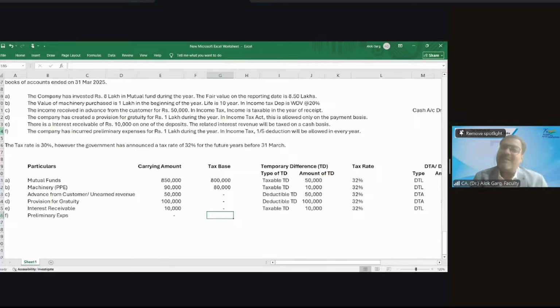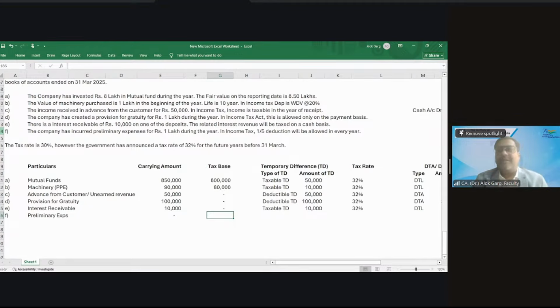So what will the income tax officer show in his balance sheet? Tell me. Balance 80,000. He will show 20,000 as deduction. At the end of year 1, Saminathan, the balance will be 80,000 in the income tax.